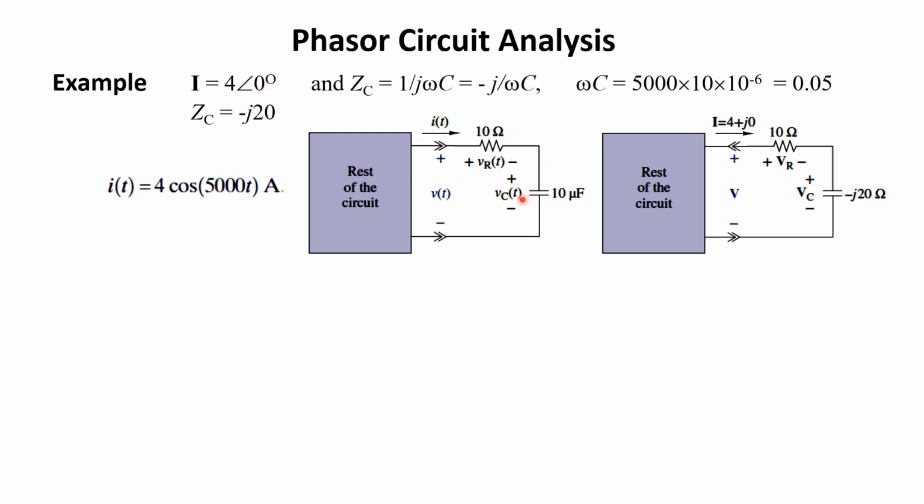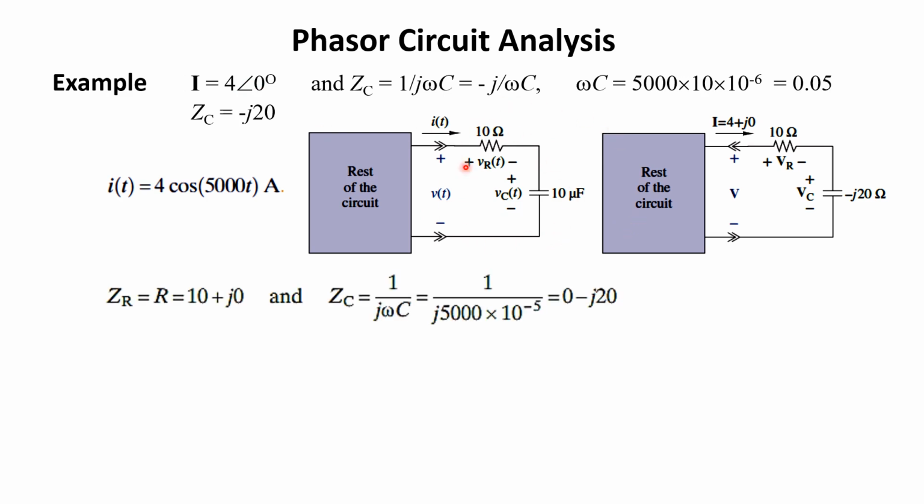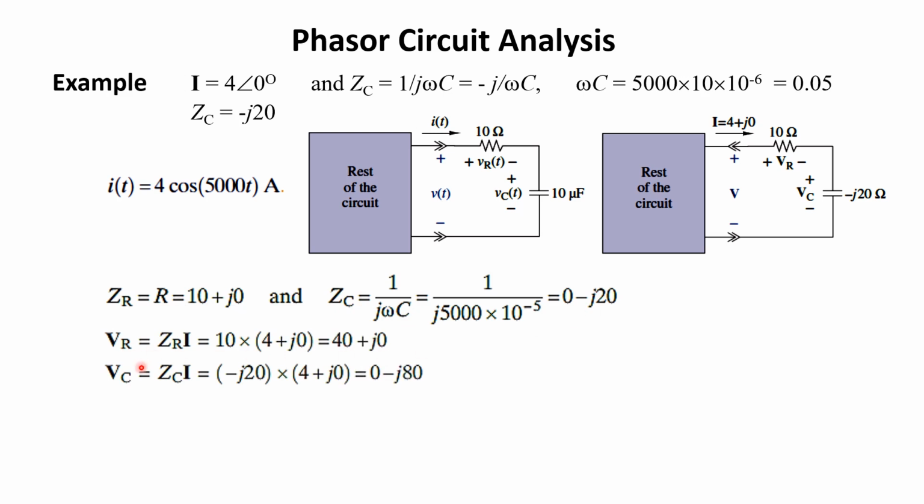Now we see how in phasor analysis we deal with this circuit. In phasor analysis, what is Z_R? Z_R is equal to R, 10 plus j0. Z_C is 1 over j omega C, which is minus j20. And therefore V_R, the phasor current multiplied by 10, is the voltage across the resistance.